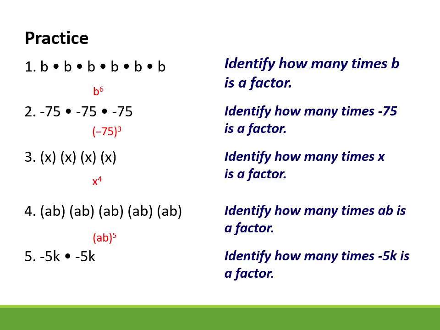Also remember that this is inside parentheses, because without parentheses you just raise the letter B 5 times, not the whole expression AB. Identify how many times negative 5k is a factor. Again, just like in number 4, inside the parentheses, negative 5k to the power of 2.